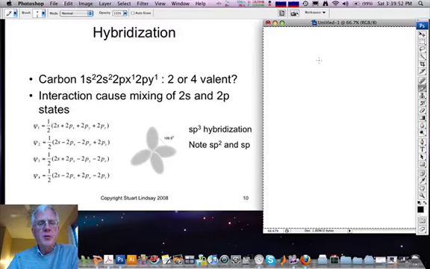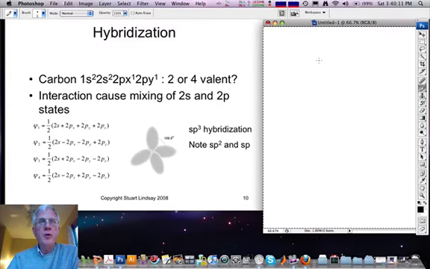Very often these can be written as linear combinations of atomic orbitals, and this mixing together of the atomic orbitals to form molecular orbitals, or the orbitals in a compound, is called hybridization.